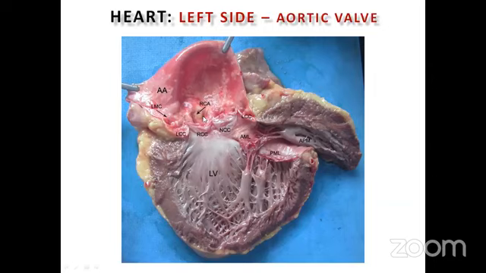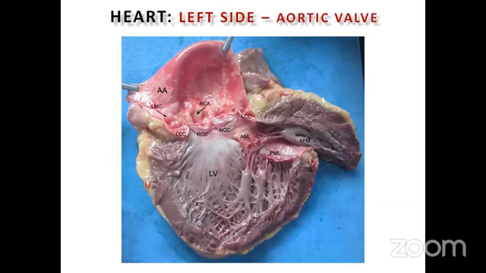The right and the left coronary arterial ostia are seen below it within the sinuses of Valsalva, and hence the cusps of the aortic valve are designated as the right, left, and the non-coronary cusps.